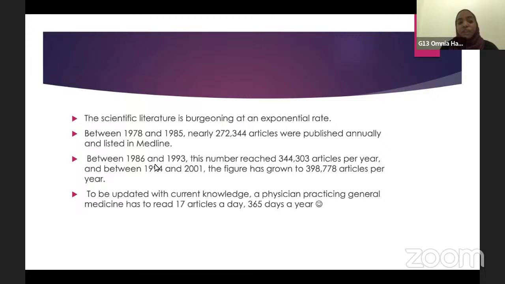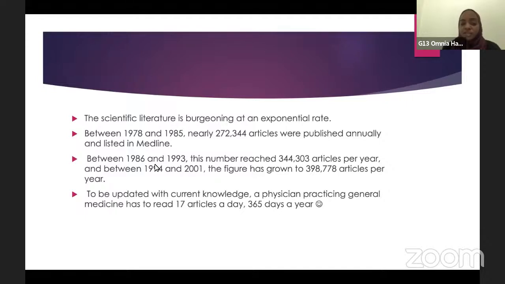The scientific literature is burgeoning at an exponential rate. Between 1978 and 1985, nearly 272,000 articles were published annually and listed in Medline.